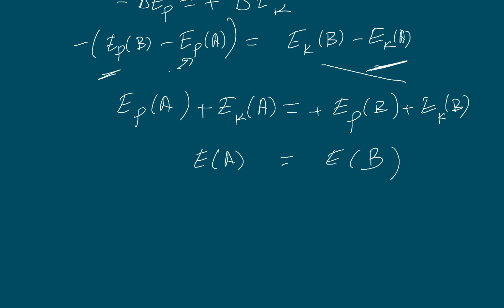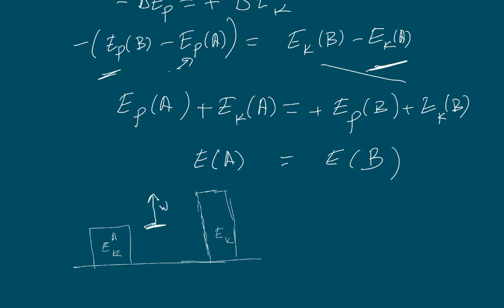So what we are doing here is a very interesting game. Imagine that I start with some amount of kinetic energy. Now imagine that I do a positive work. If I do a positive work, the kinetic energy will increase, and the work done will be seen as kinetic energy. So this is the kinetic energy at A. I did the work, and this is the kinetic energy at B that will appear.